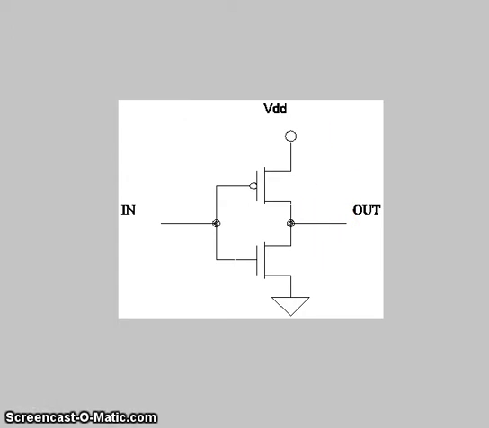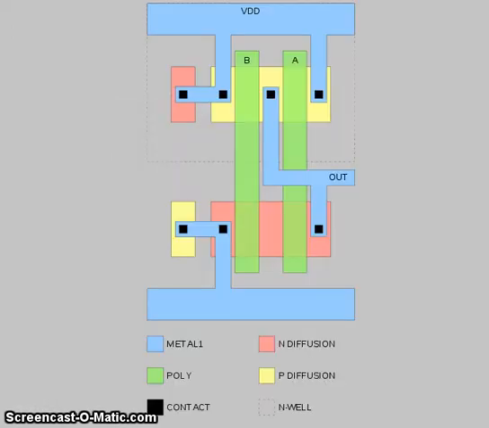How do they look on the inside? Here is what is called a Manhattan geometry for the layout of an integrated circuit, the layout of the inverter that we saw just a minute ago. And we'll notice that here is our substrate, and our substrate is connected through a contact through metal, and it will be connected to ground.